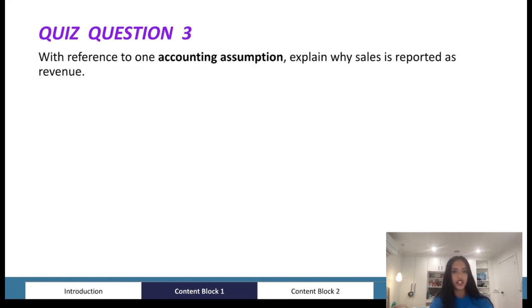Okay, here's the third question. So I kind of helped you with the first two, but for this one, I'll give you time to think about it on your own. So with reference to one accounting assumption, explain why sales is reported as revenue. I'll give you like 1 minute. Just think about it and kind of come up with your own answer, and then I'll go through it.